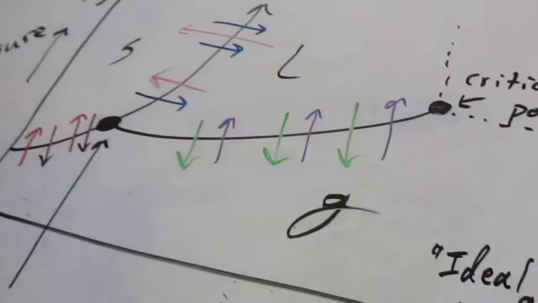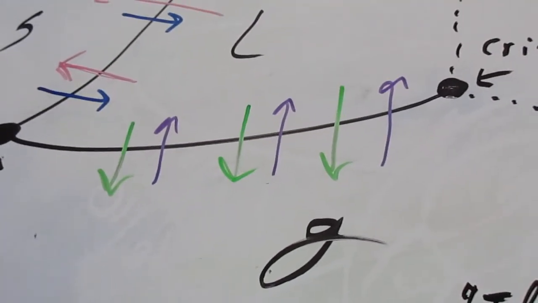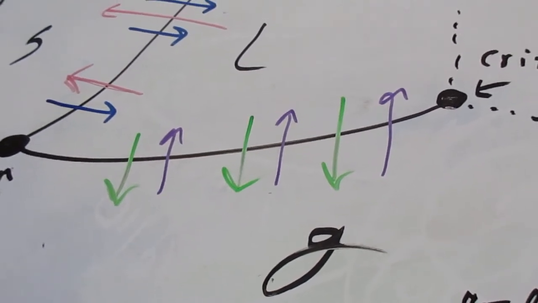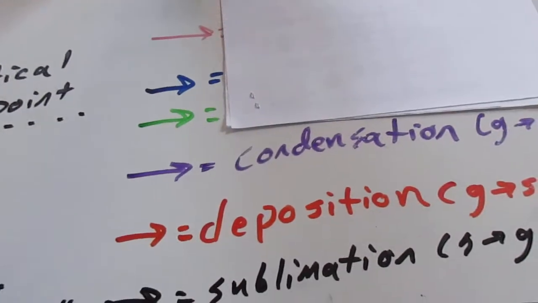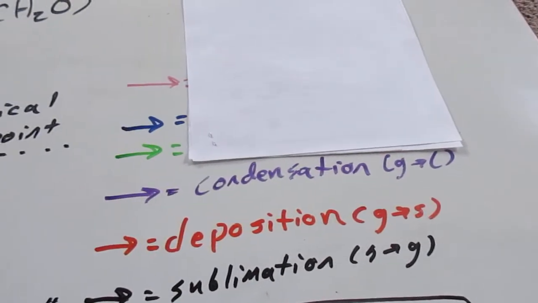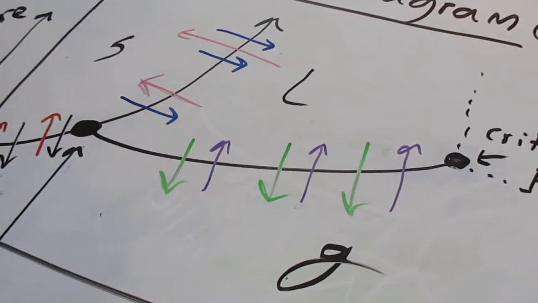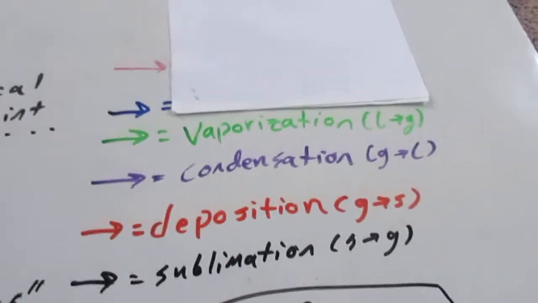What do you guys think the purple one is? Think about it for a little bit. What do we call that? This is the harder one. And the answer is 3, 2, 1. Condensation. Green, going from liquid to gas. That one is called vaporization.